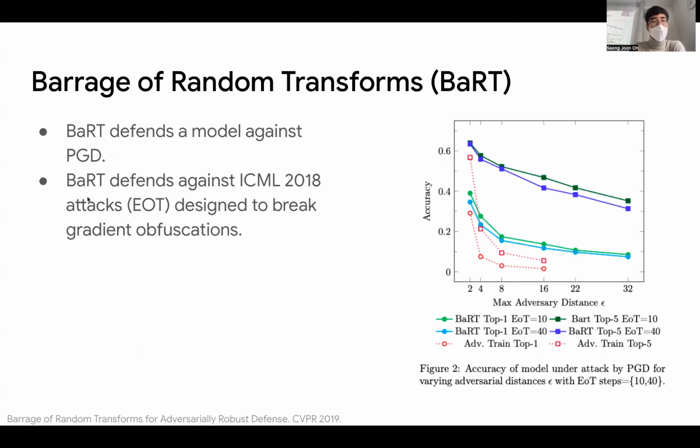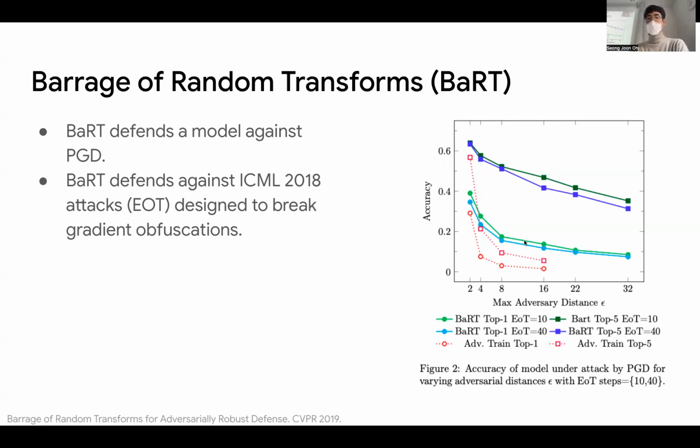And this is the result. On the right, you see the max adversary distance, epsilon, on the x-axis, and the accuracy after attack on the y-axis. And you see BaRT, barrage of random transformations, with expectation over transformation 10. So they're already measuring the performance against expectation over transformation.